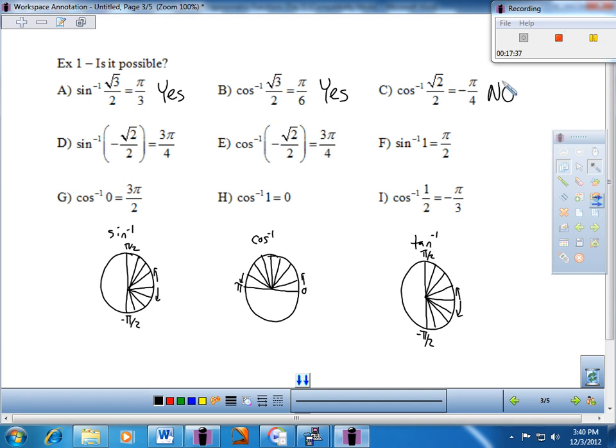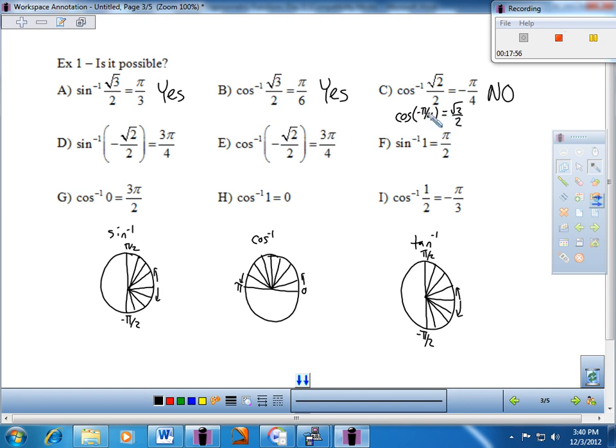So here's what's interesting and difficult to kind of deal with. If I gave you this, and I wouldn't write this on the paper lest we confuse ourselves, but if I gave you that, what is the cosine ratio of negative pi over 4? You would tell me root 2 over 2. But the problem, of course, is I cannot reverse those and apply the inverse, because out of the infinite number of angles that have a cosine ratio of root 2 over 2, this being one of them, this is not in the proper interval.